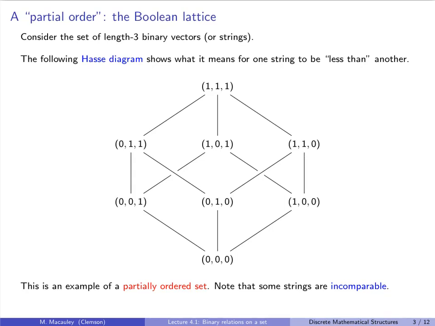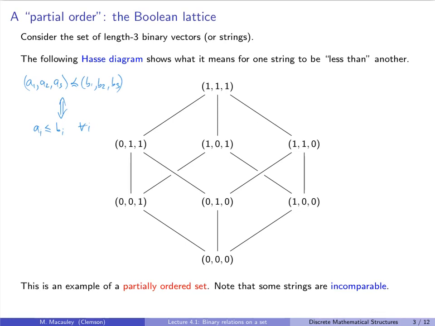Let's define what it means for one of these strings to be less than another one. Now, there's many ways we can do this. We could say that one string is less than another if it has fewer ones in it than the other, or we could put them in lexicographical or alphabetical order. But I'm going to say instead that a string A1, A2, A3 is less than or equal to B1, B2, B3 if and only if each Ai is less than or equal to the corresponding Bi for all i.